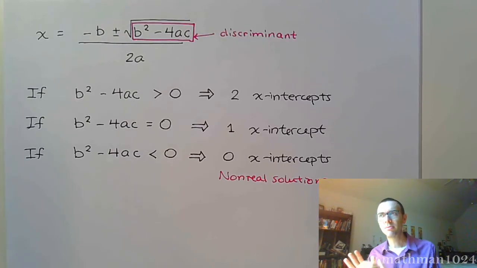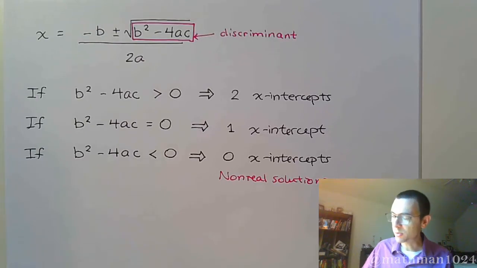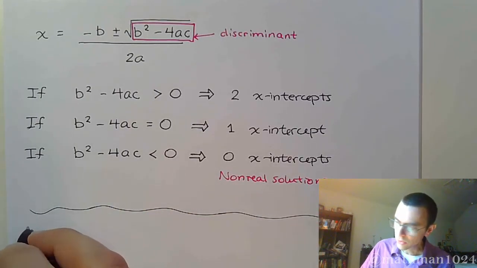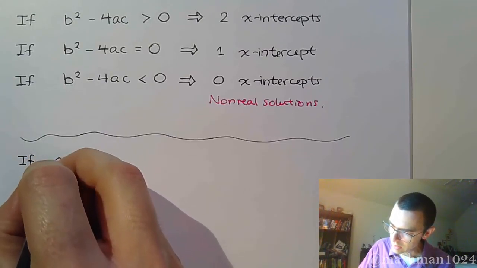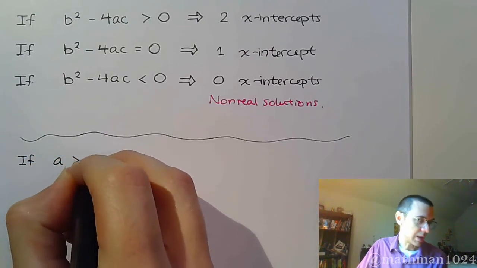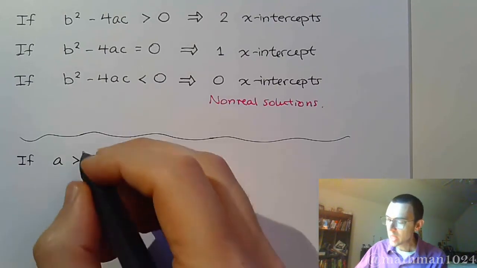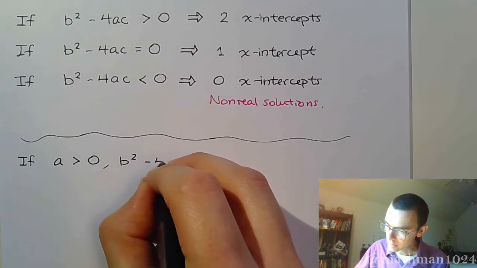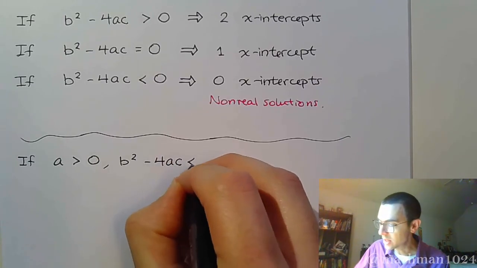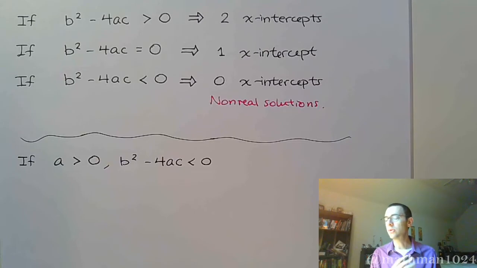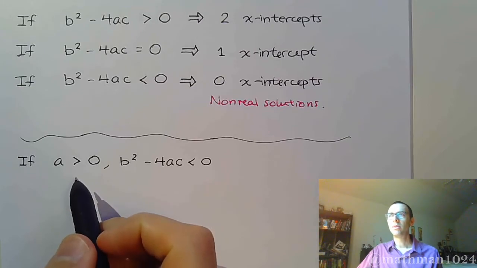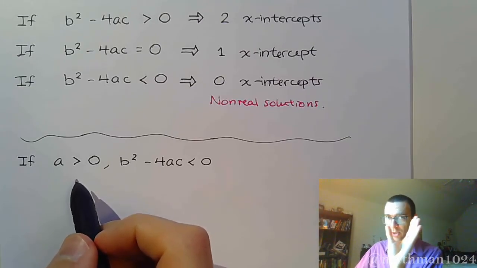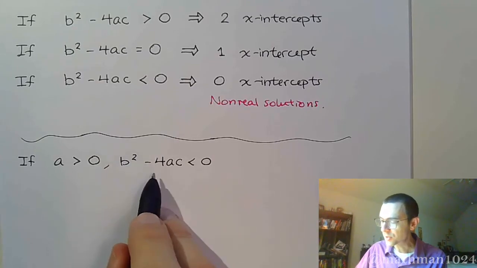So taking this information, we can figure out the kind of graphs that we expect to have. For example, if I tell you that A is positive, and I tell you that b squared minus 4ac is negative, same example that you have in your notes. Since A being greater than 0 leads to a parabola that's opening up, we get this picture in our minds. b squared minus 4ac is less than 0.